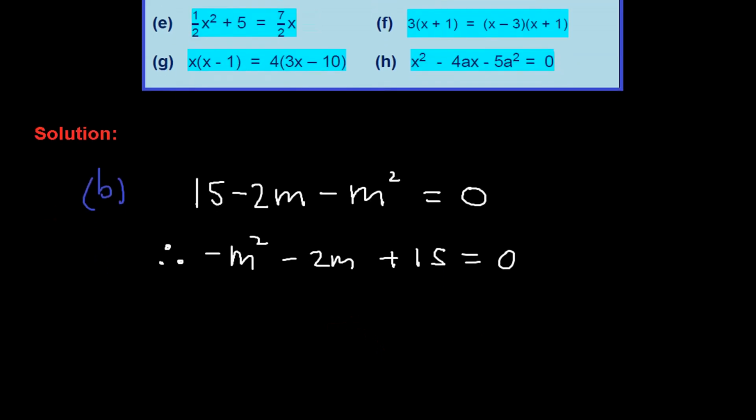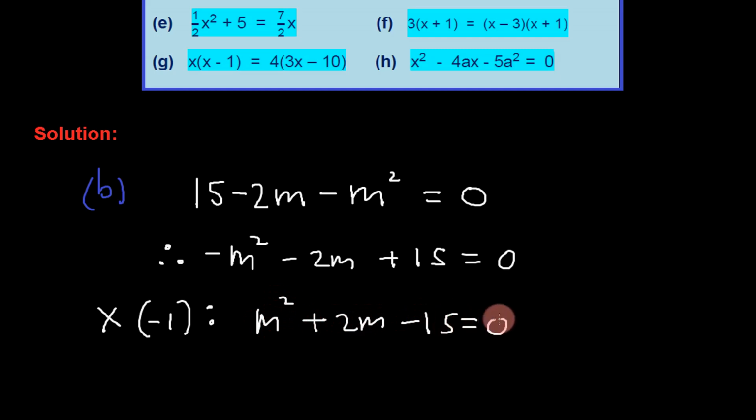We also never factorize with a negative in front, so we can multiply through by negative 1. Of course, all these signs will change. Now we can use the cross method.